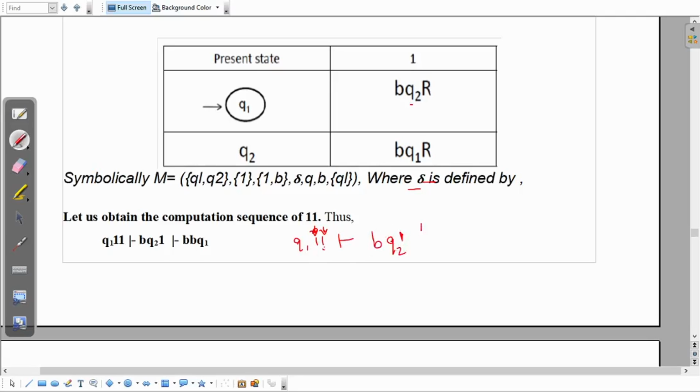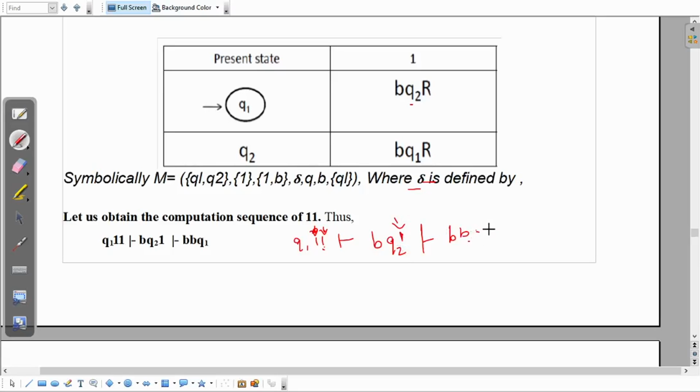This one was replaced by blank. Now what is Q2 on 1? Q2 on 1 goes to the Q1 state, and this one needs to be replaced by blank, and then you take a right move.